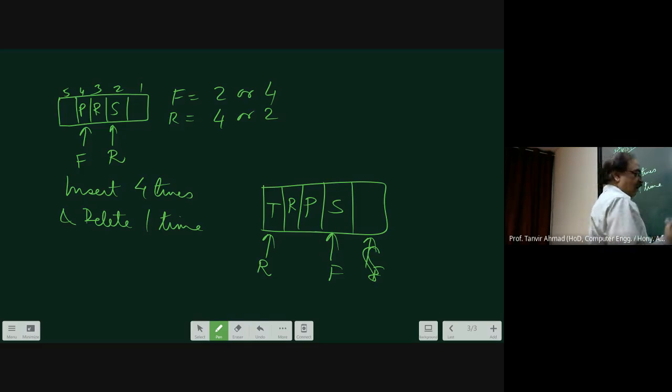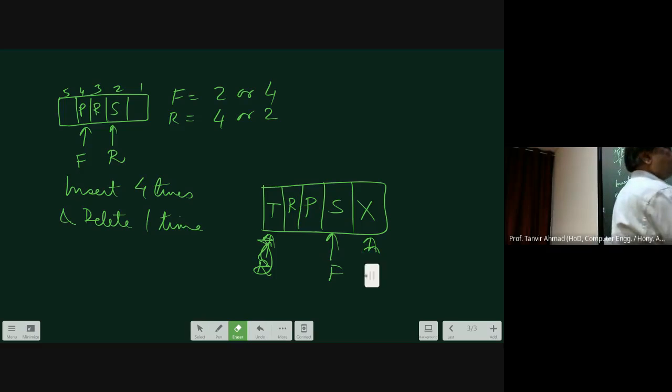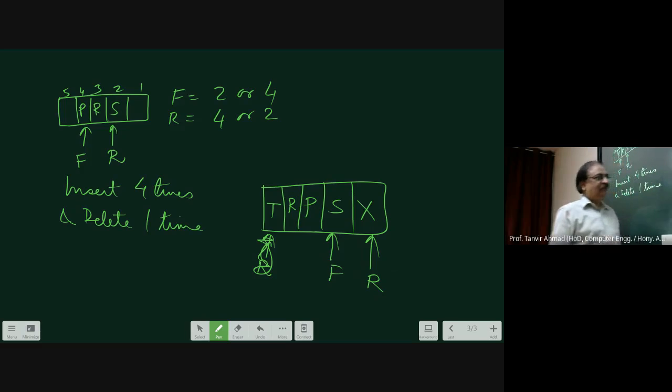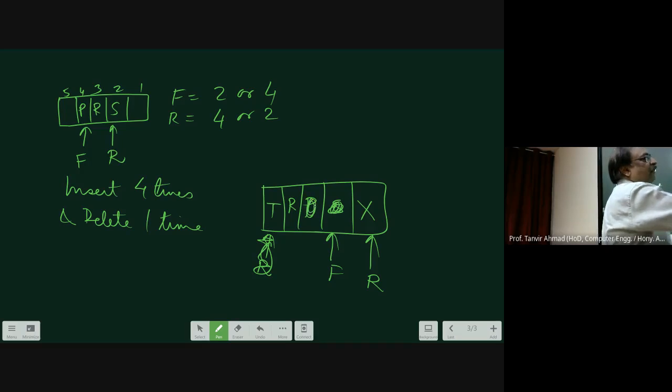Then now I insert one number, maybe say I insert X. Okay. Now I deleted, say I deleted 3 times. One time, 2 times. Okay, let us say I delete only 2 times. F will come here.